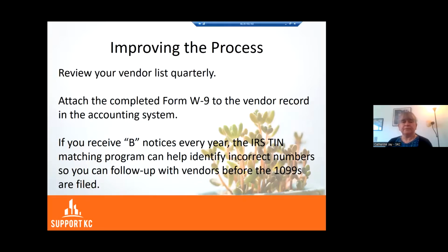There is legislation out there that wants to raise that threshold, maybe not to the $20,000 limit before, but maybe to $5,000. And that's going through the House and the Senate for approval. So 2023 may change again, but for the 2022 1099s, credit card companies will be issuing those to your vendors.